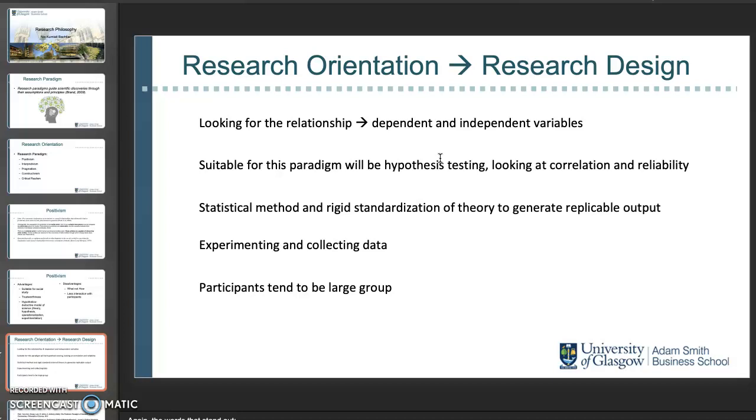And also, like I said, it involves experimenting and collecting data, and participants tend to be a large group. Why? To generalize a finding, it is more likely to have a large group than a small group only. Because in positivism, we want to generalize something, so that the finding is valid by using the large group.